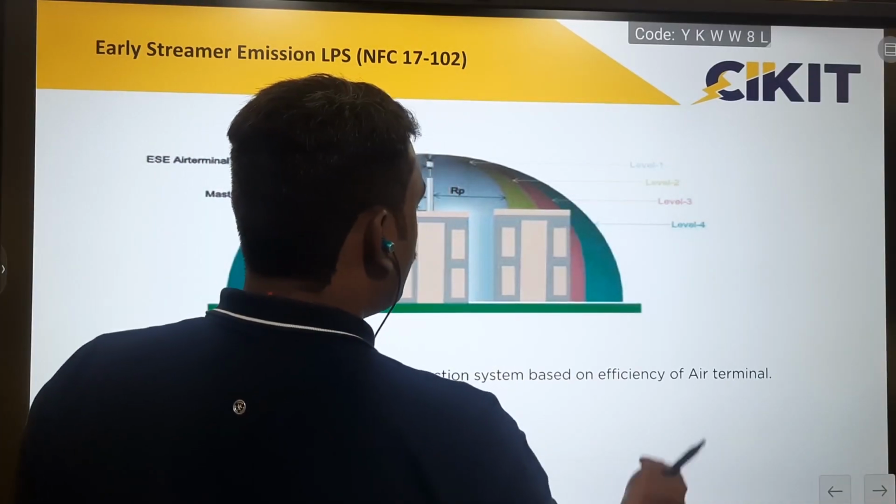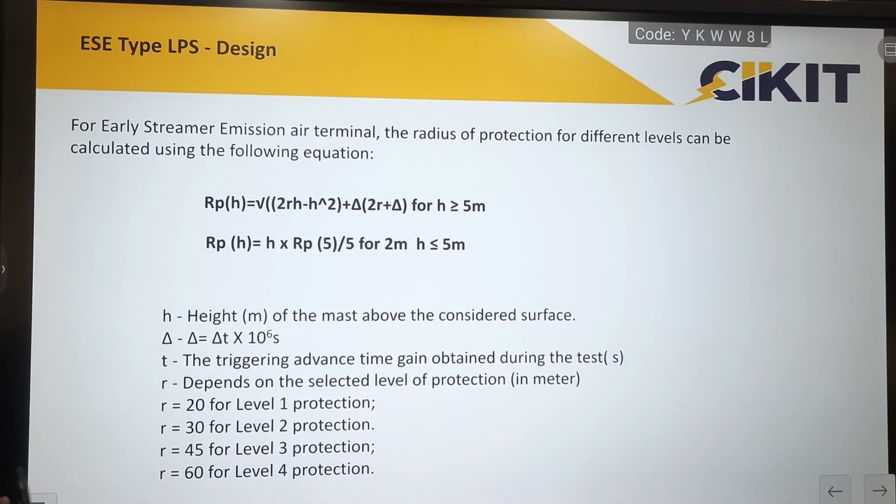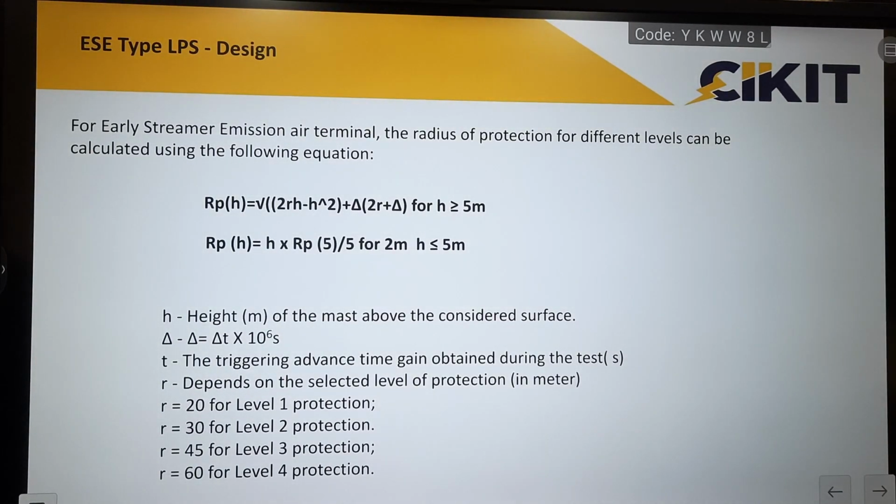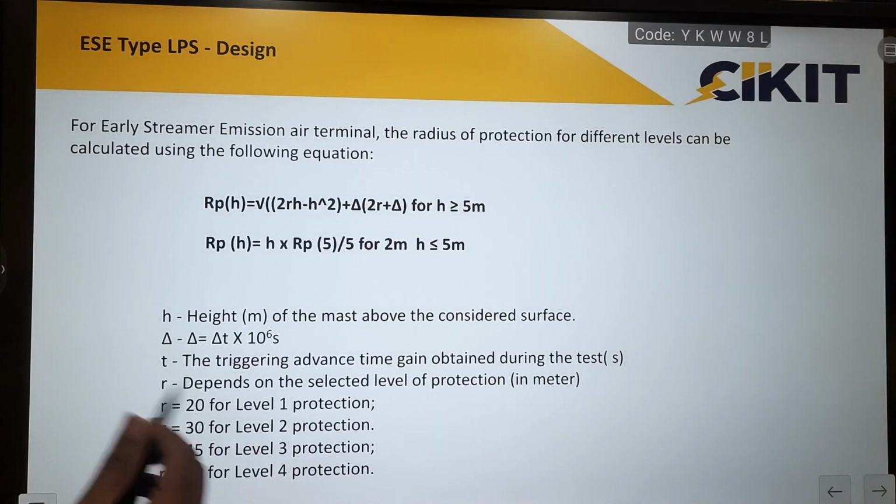The standard has provided a formula for calculating the radius of protection for ESE terminals. ESE air terminals are commonly used for solar farms because of their wide coverage area. If I go for conventional as per NBC, I have to provide one air terminal at every 12 meters.